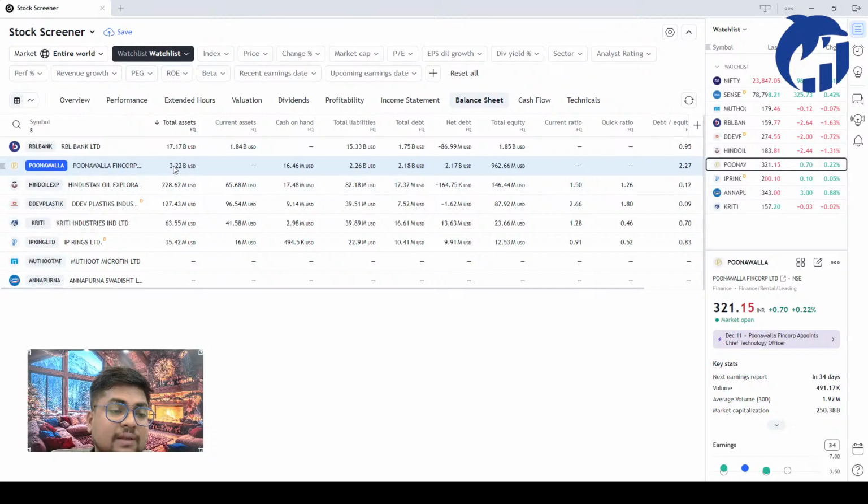Poonawalla's assets are 3.22 billion USD. Hindustan Aerospace has 228.62 million USD. DDV Plastic has 127.43 million USD. So these are the assets for the stocks which we are holding.